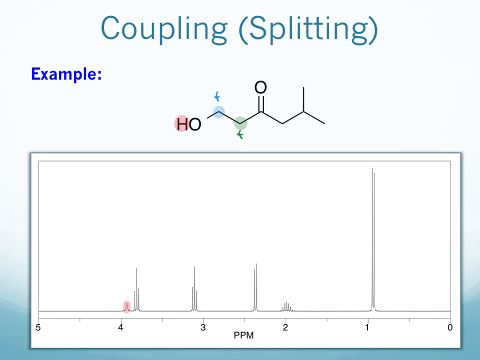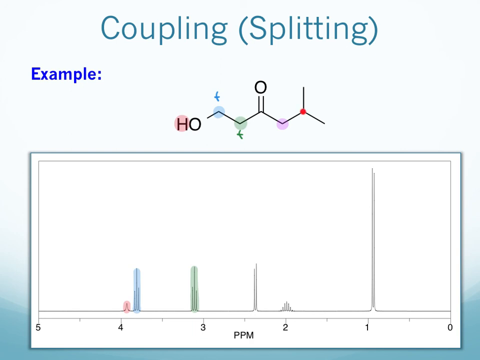To figure out which one is which, think about chemical shifts. And the one that is next to the electronegative oxygen will be further downfield. This one is just in the allylic region. So here's the one in blue. Here's the one in green. Okay, if we go on down in the molecule, let's look at this CH2.